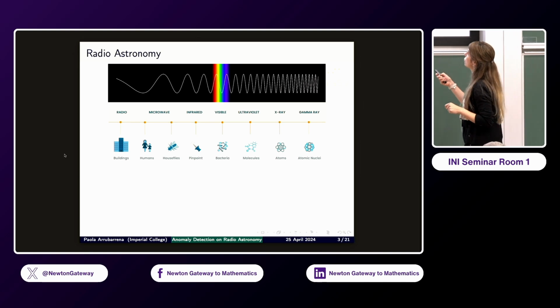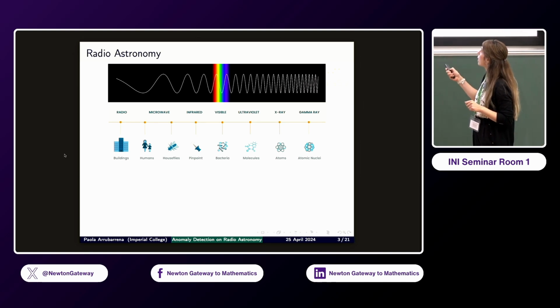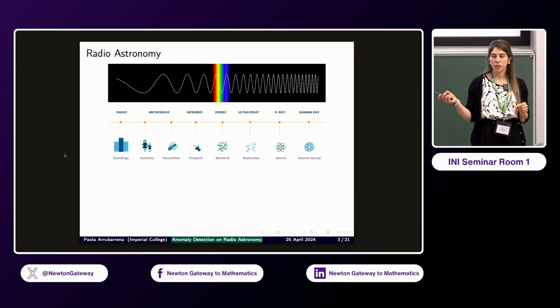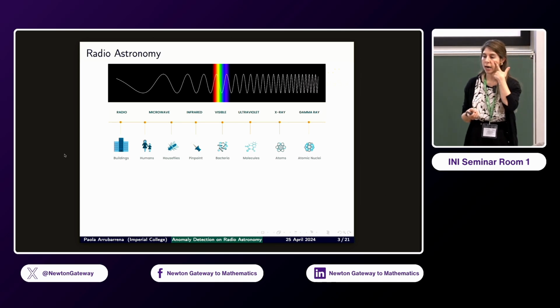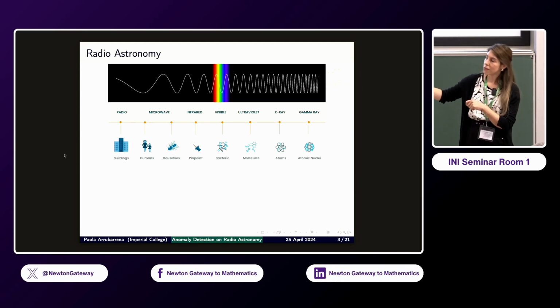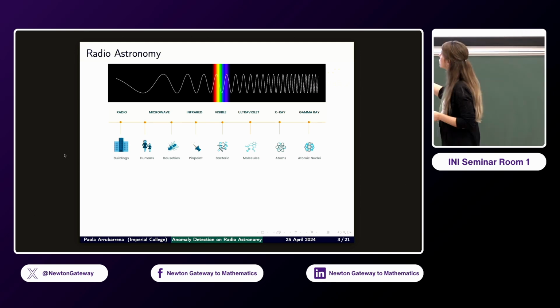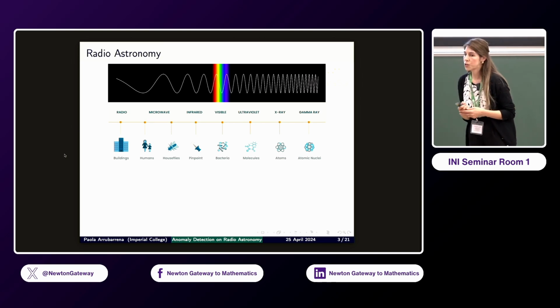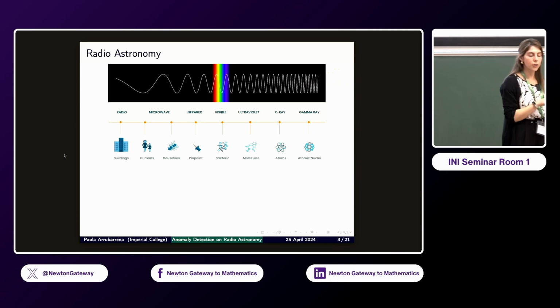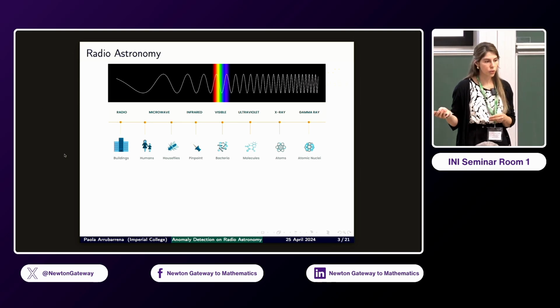If we go through the spectrum, we get the visible light, around 400 to 700 nanometers, and that's what our eye can actually see in the form of colors. And if we keep stretching the wavelength, we reach radio waves, which are the ones I want to focus on today, and they're quite long and low energy, from centimeters up to kilometers long.